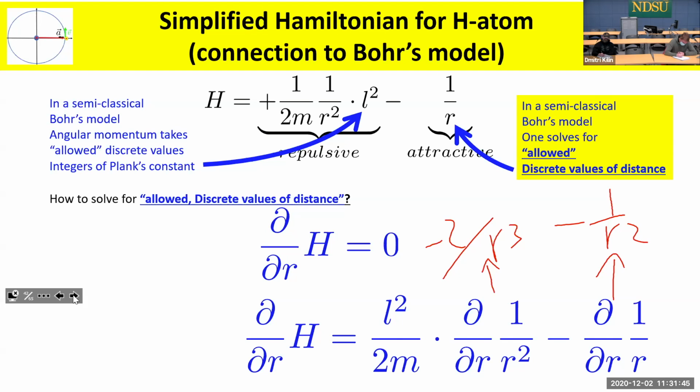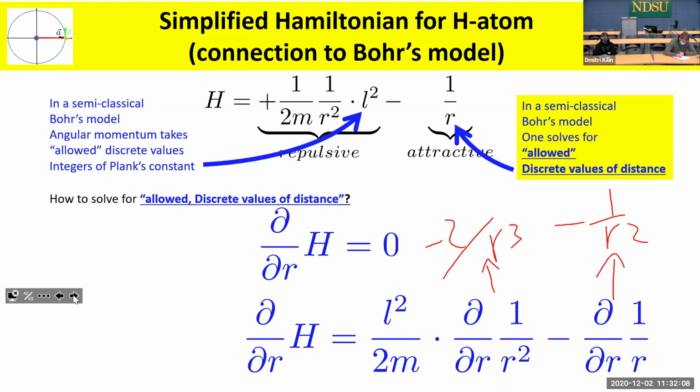They are equal in absolute value and opposite in sign. So let's slowly practice the derivative of 1 over r squared and 1 over r.